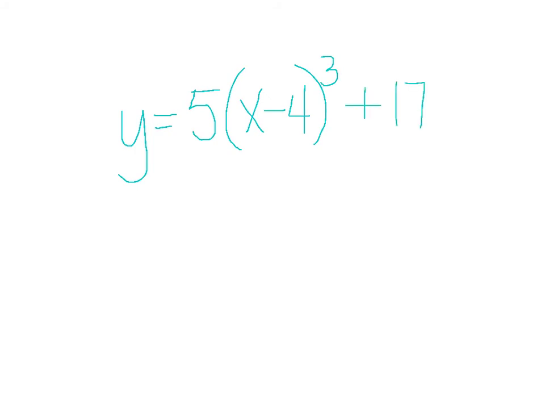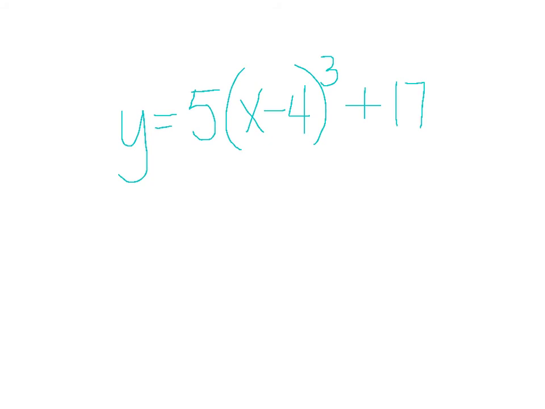To test your understanding, if I take a look at this one, I'm going to consider each position. I don't have a positive or a negative symbol here, which means it's by default positive, so there is no reflection.